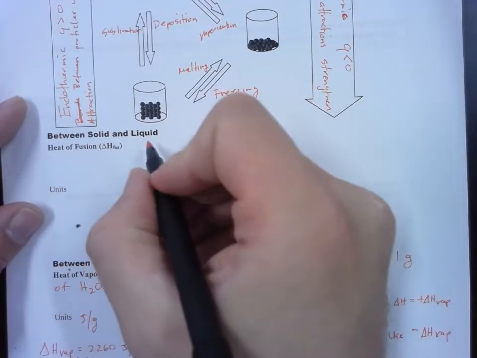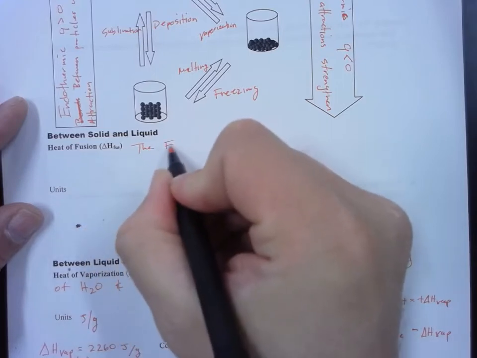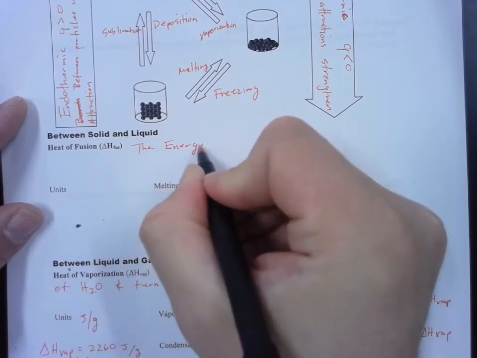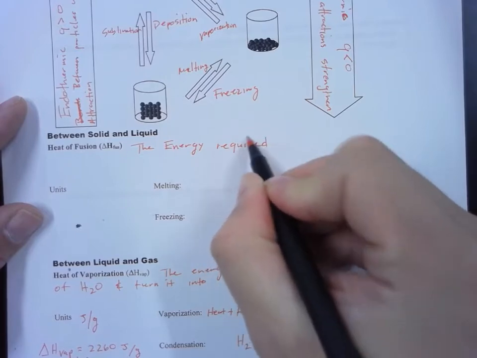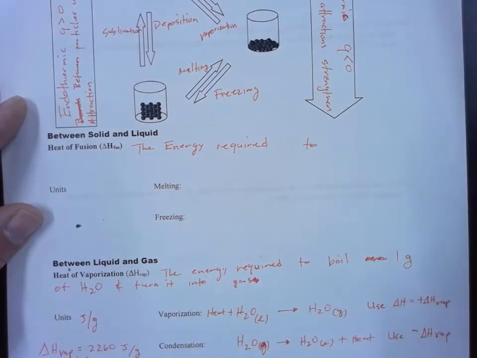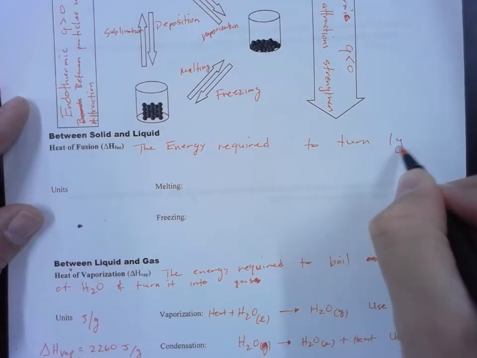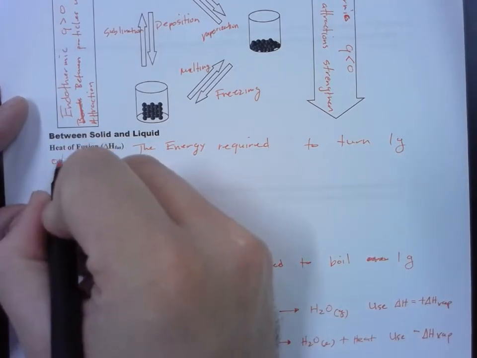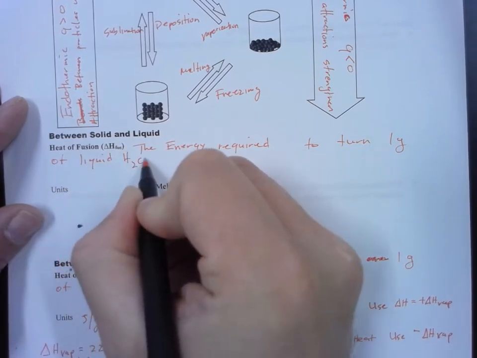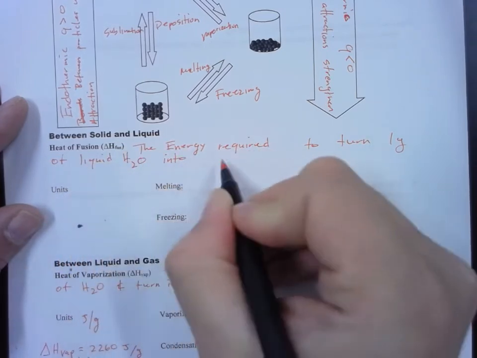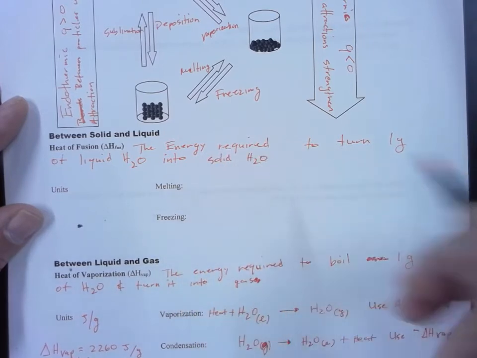Okay, so the heat of fusion is simply the energy required to turn 1 gram of liquid water into solid water, or ice.